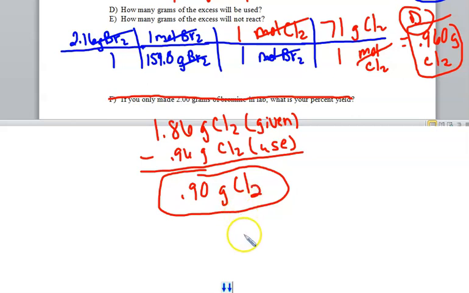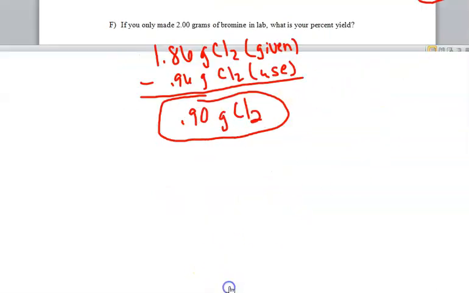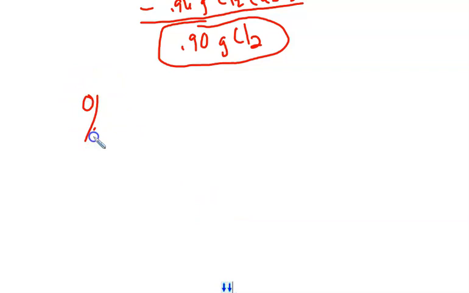Alright, now we're going to do letter F. I'm going to bring F back up so we can see it. It says, if you only made 2 grams of bromine in lab, what is your percent yield? So percent yield is how well did you do the experiment. Such as in lab, if you were supposed to have produced 4 grams of something and you only produced 2 grams, then you only yielded 50%.